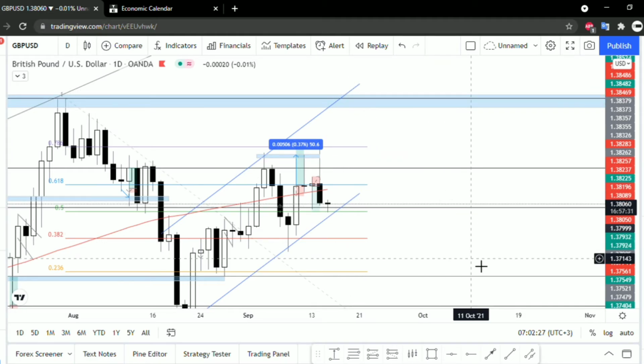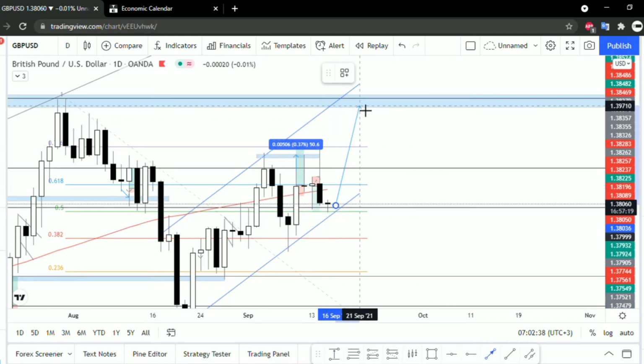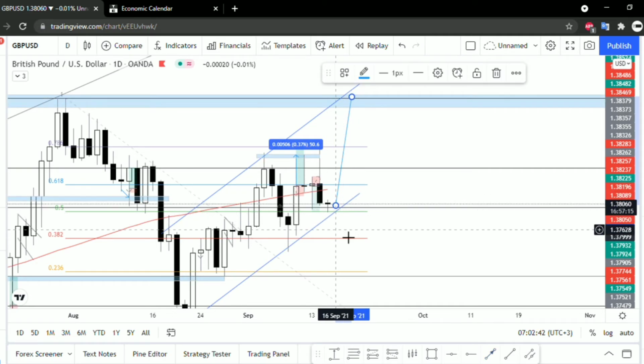Market direction for the rest of the week and next week, we might be noticing a lot of bullish movement to the upside, because ideally this is going to be the third touch on the trend line.